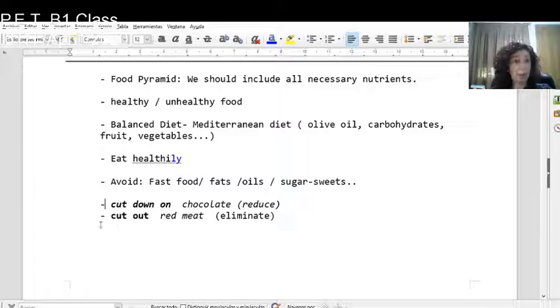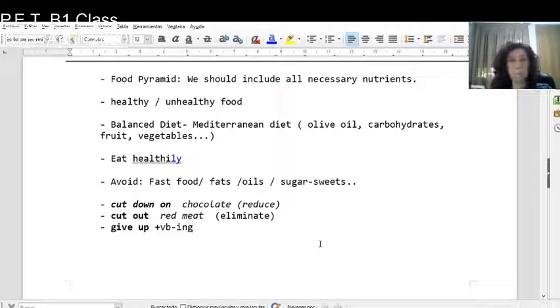And give up, for example, could also be used here. Give up, for example, smoking is very good for your health. Another phrasal verb, very important regarding food. So this is the vocabulary you could take into account when talking about food.